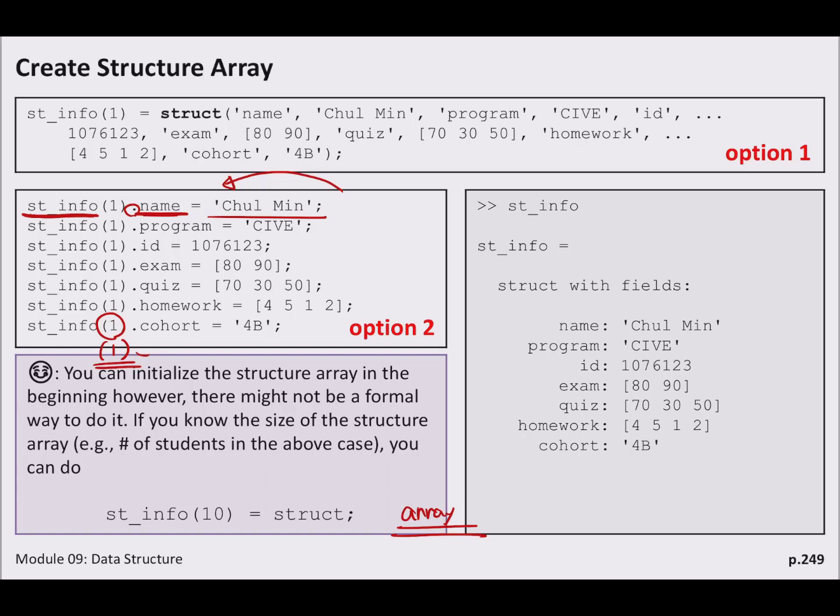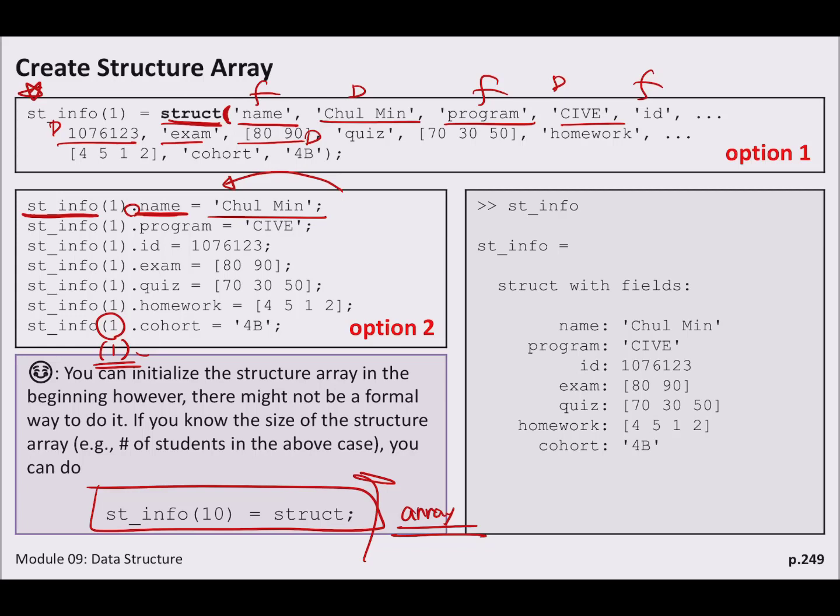Does it make sense? The other way to define the structure array is like this. You can start with the structure, then parenthesis, and then field name, data, field name, data, field name, data, like this. You can initialize a structure array like this, but this is not a formal array.